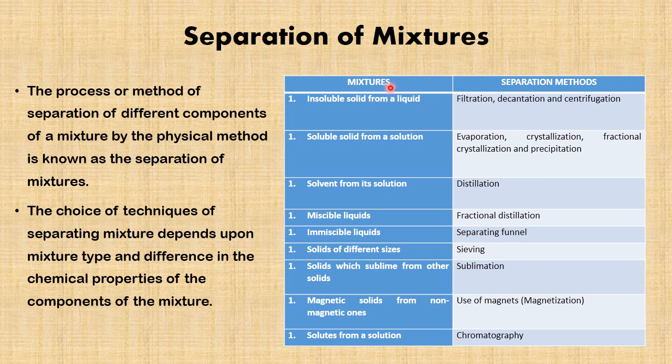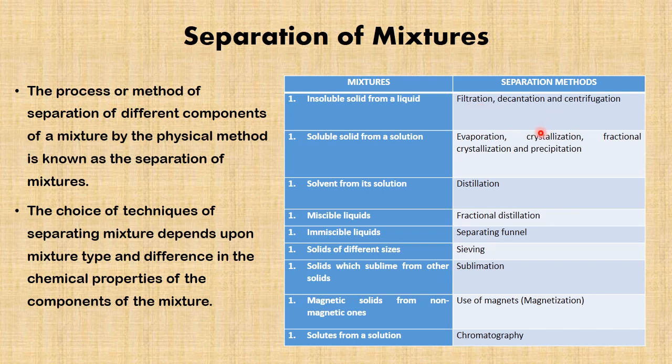Now, you have various types of mixtures here and the separation methods that can be used to separate these mixtures. Number one, we have a mixture of insoluble solid in a liquid. So the separation methods that one can use are filtration, decantation, and centrifugation.